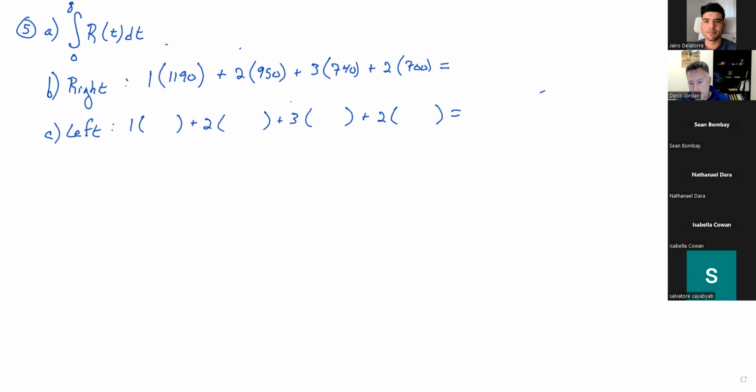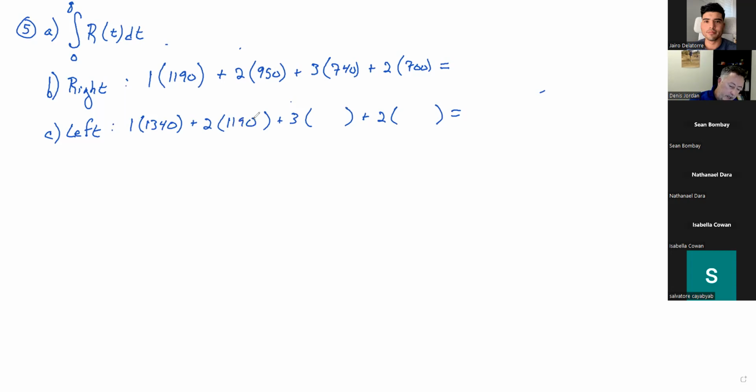So for your first rectangle, when you're looking at 1340 and 1190, which of the two function values is on the left? 1340. And then you look at the function values on the second rectangle, the 1190 and the 950. Well, the one on the left is your 1190.